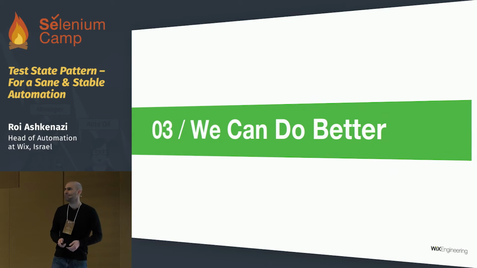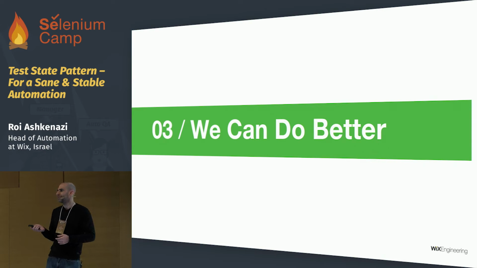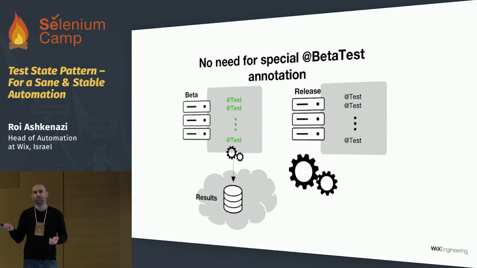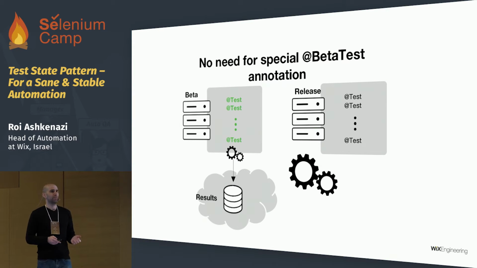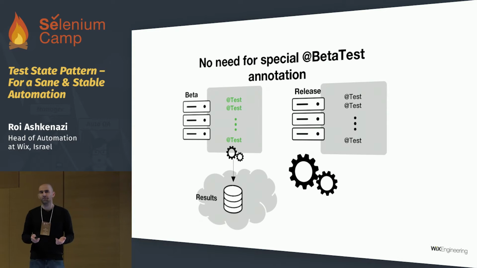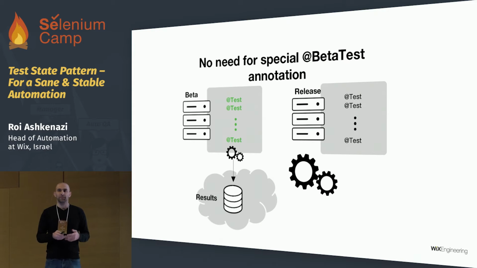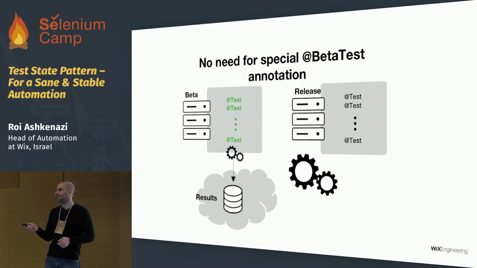Yes, we can. And if we think about it, we don't really need the annotation. So let's remove this annotation and just use the regular JUnit tests. And we remember that we already have a server which saves all the results. So maybe the server can save the tests also. Let's think about it and define the pattern.